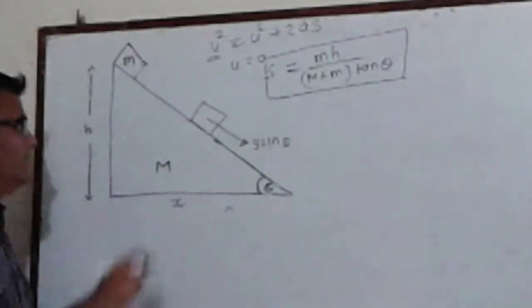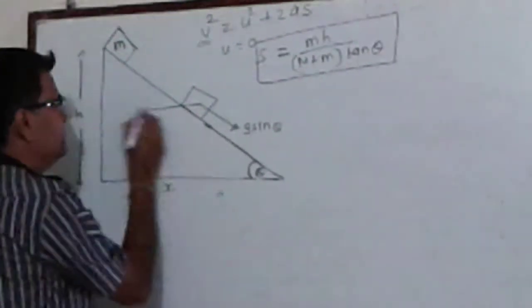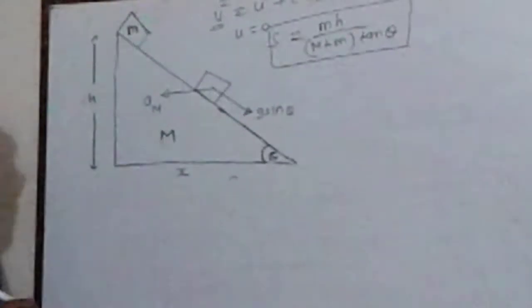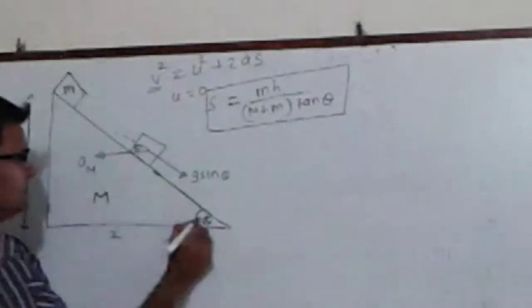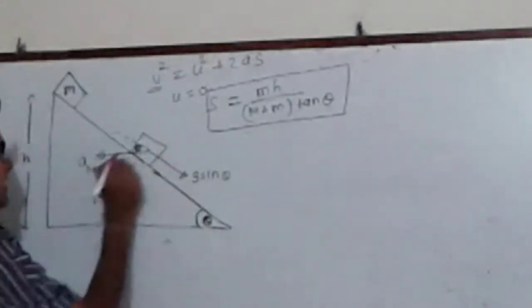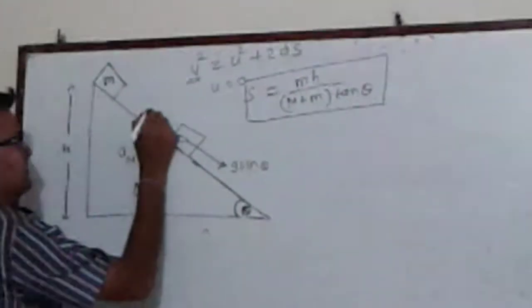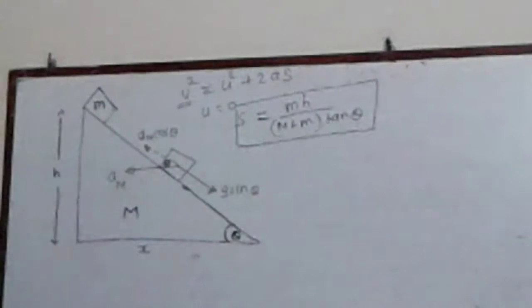But that is not the only force acting on it, because this wedge is moving to the left. It has an acceleration aM, and this acceleration will have a component. You can see this angle is theta, this angle is also theta, because they are corresponding angles, and the acceleration will have a component aM cos theta.